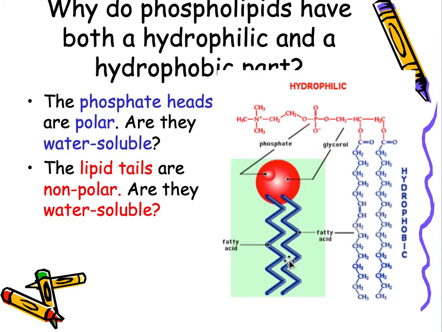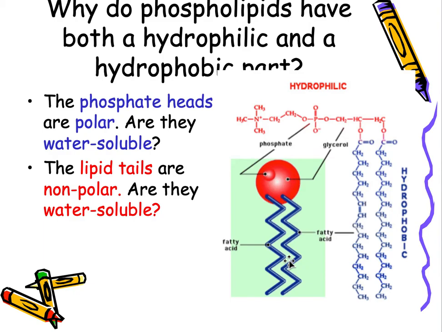So why do phospholipids have both hydrophobic and hydrophilic parts? Why does a phospholipid, or a brick of a cell membrane, have a water-loving and a water-hating part? Water loving is hydrophilic and water hating is hydrophobic. That's because this arrangement helps it keep its structural conformation.